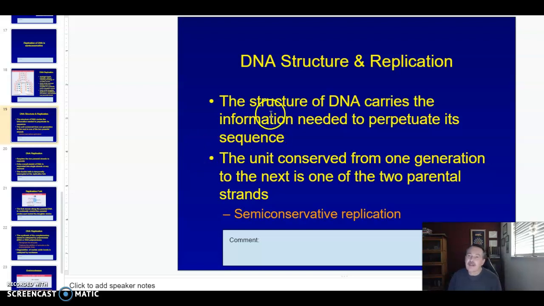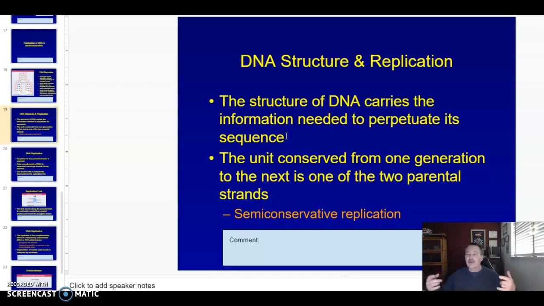All right, on this slide, you have DNA structure and replication. This is where the DNA is perpetuating its sequence. Okay, so this is where it's going to split apart, but it's going to continue having the sequence carried on in the parental strand, making the new daughter strand so that this DNA molecule is exactly the same thing as this molecule over here.